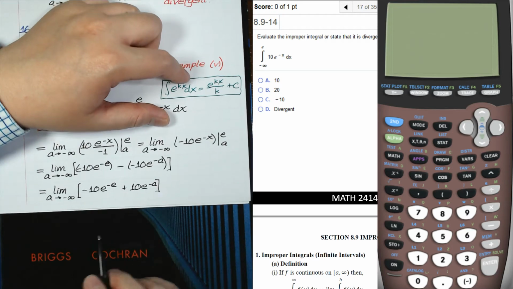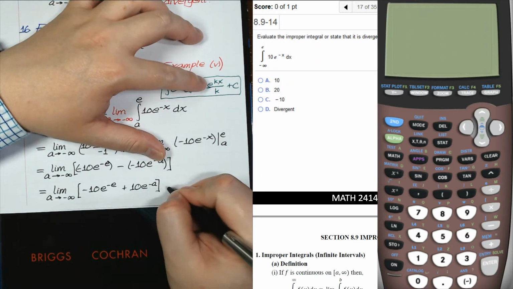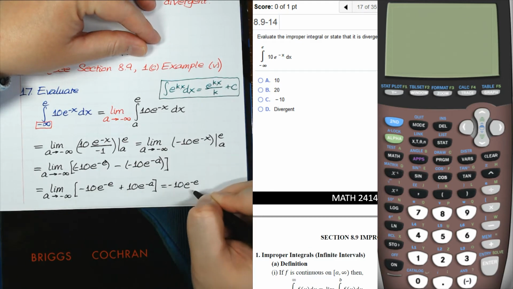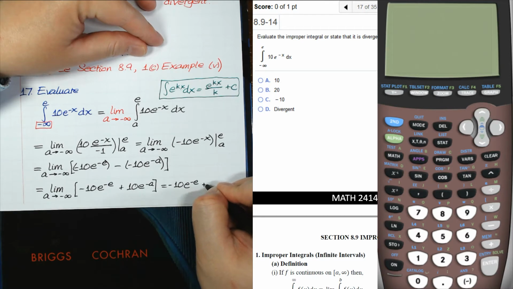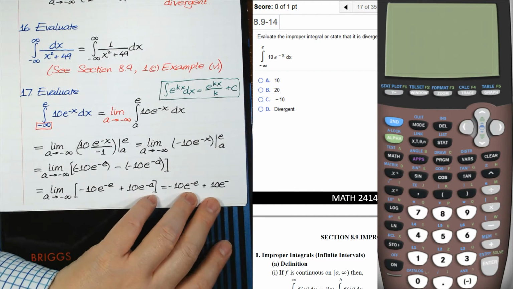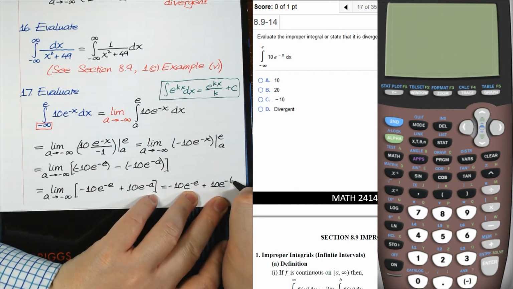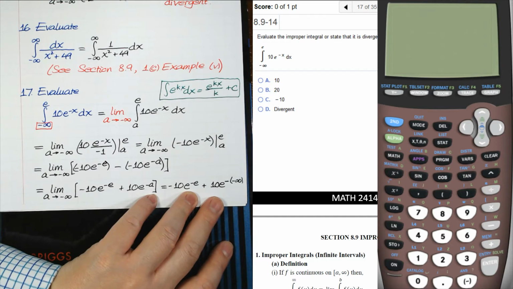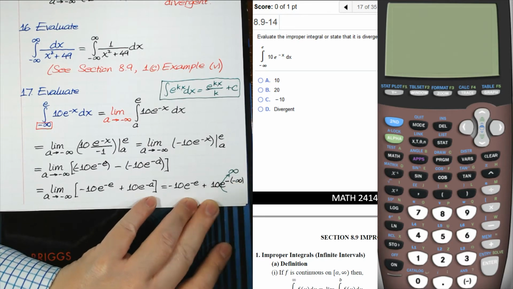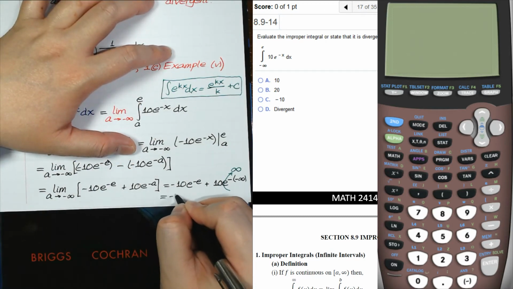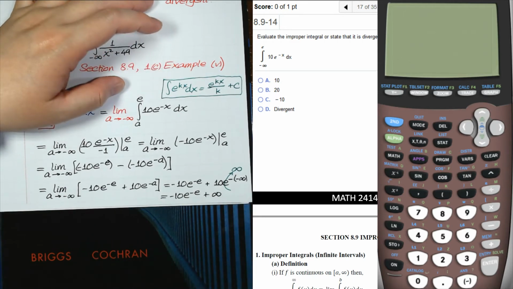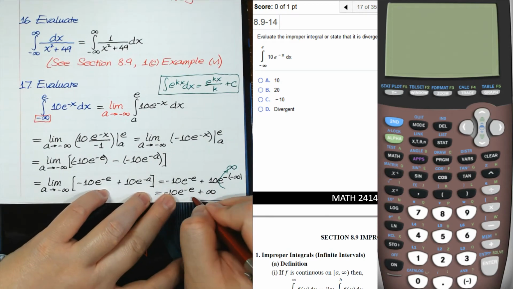Right, now we put negative infinity in here. This doesn't matter at all because this term goes to infinity. So we might have some weird number here, but we add infinity, so the limit still does not exist. So this is divergent.